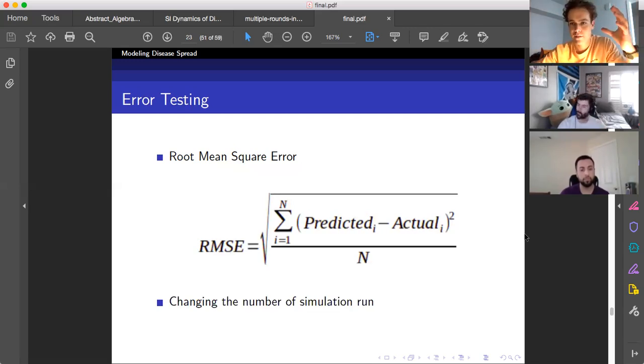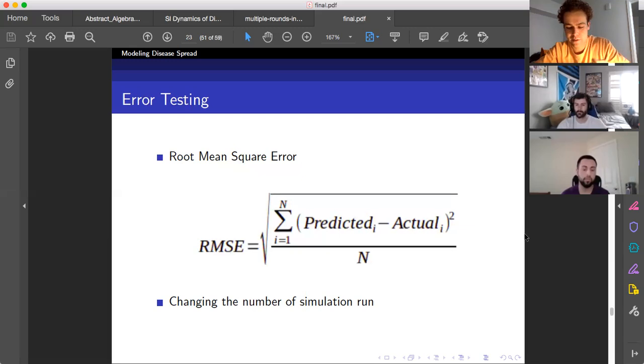On the graphs that all three of us have talked about so far, we ran simulations and then took the median and plotted that on the graph and used that as our simulation line. So we're wondering, if we change the number of simulations run, will our model be a better fit for that simulation line?